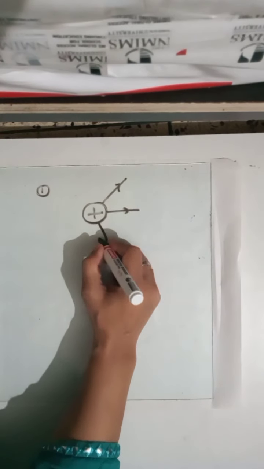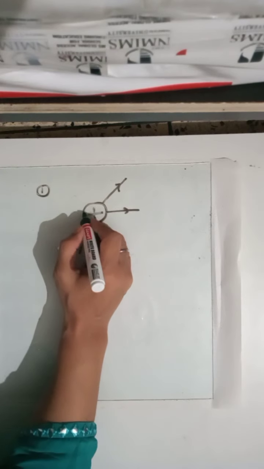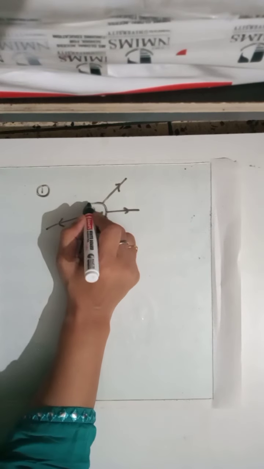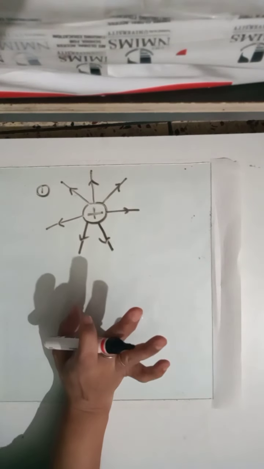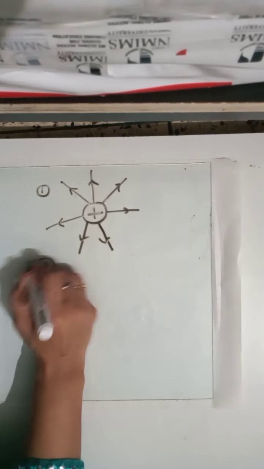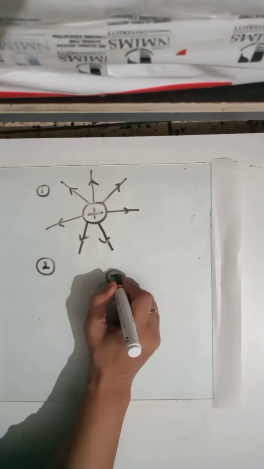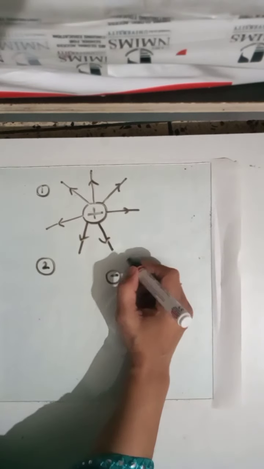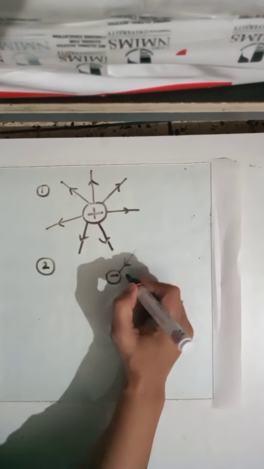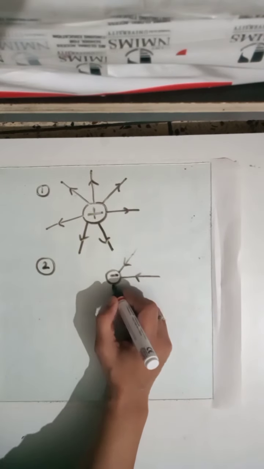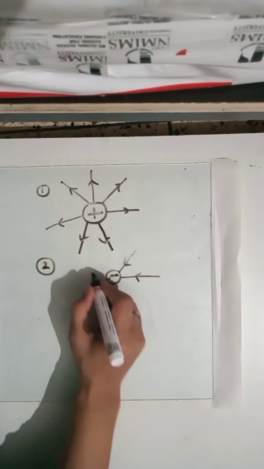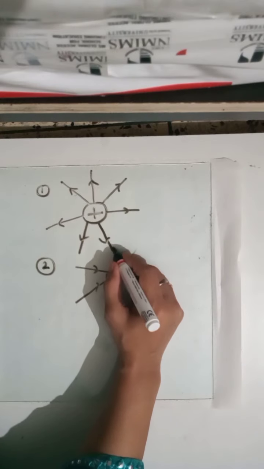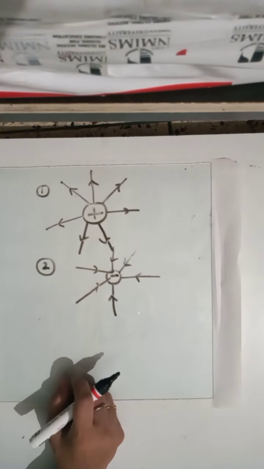They are perpendicular to the surface of the conductor, directed radially outward. If we draw the electric lines of forces due to the negative charge, then also they are perpendicular to the surface of the conductor but directed towards the center of the negative charge. This is the main difference between these two.